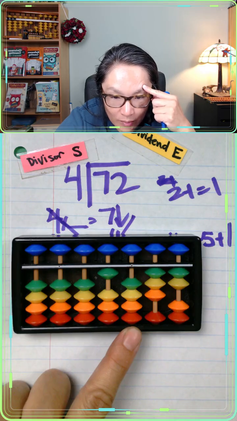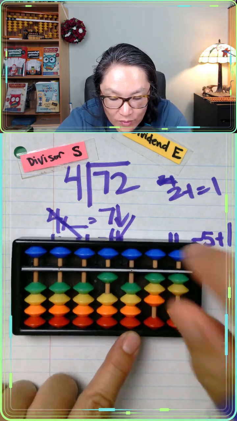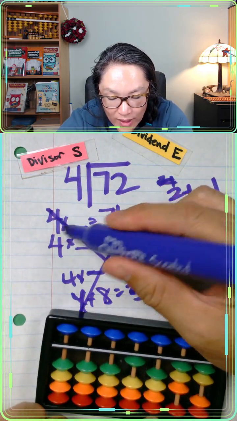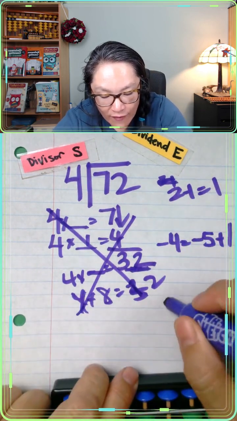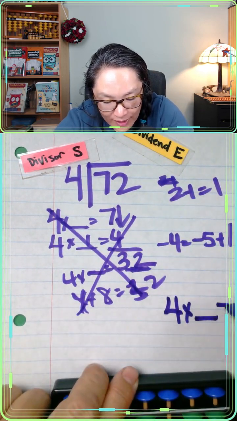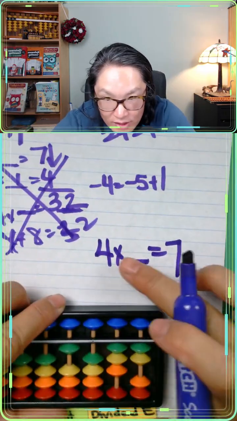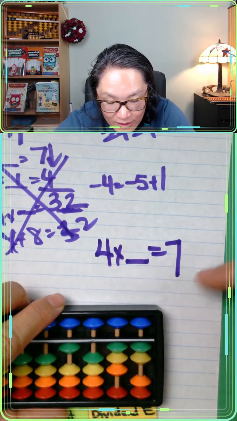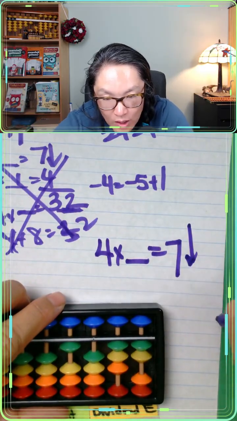You know, the double-digit division's a little bit more complicated. You just need to make sure that you understand it. Why do you start at the tens column? The reason why is because when I do the multiplication out, the question is what times 4 is equal to 7? I need to go back 1 column. That's why.